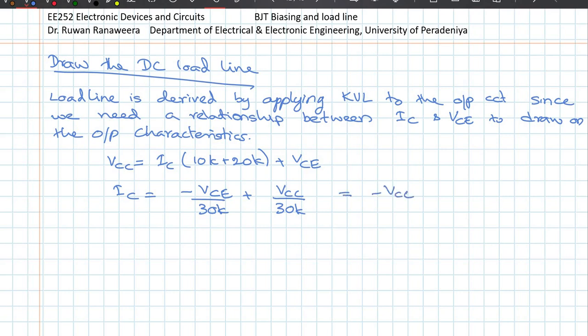Minus VCE over 30K plus 10 over 30K. This is about 330 microamperes, roughly 0.33 milliamperes or 333 microamperes.